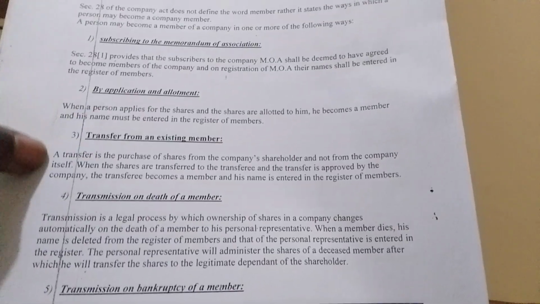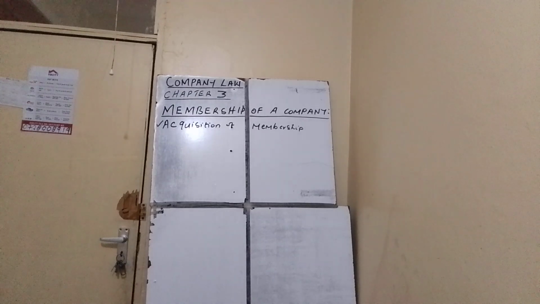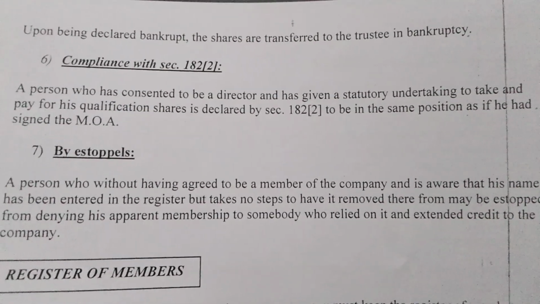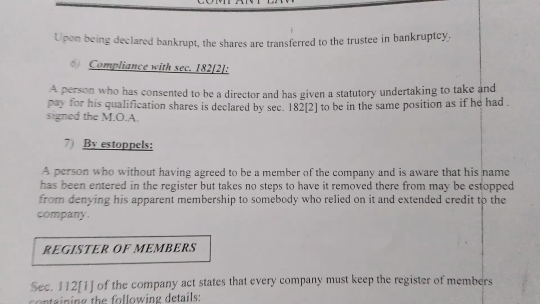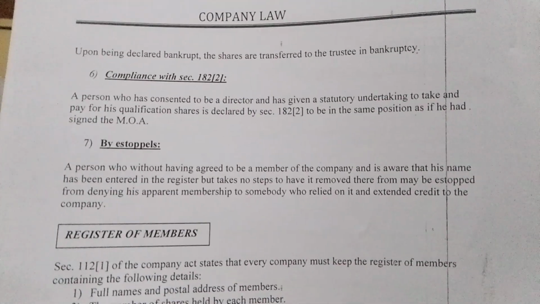First of all, you write those 5 ways of acquiring membership, and then you move to next page, and that is number 6. The 6th way of acquiring membership is compliance with section 182 subsection 2, and number 7, by estoppel.